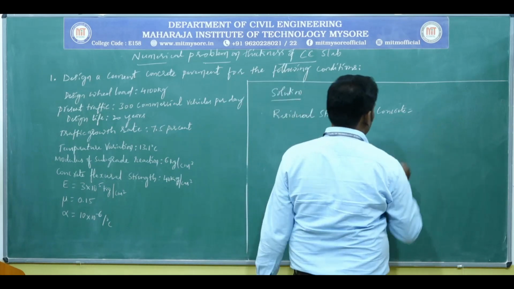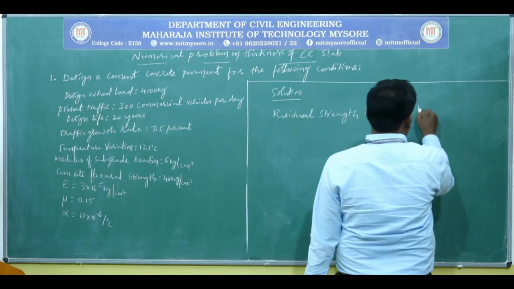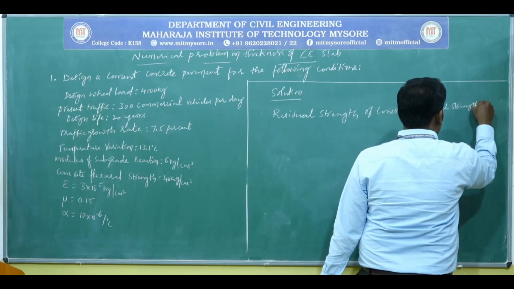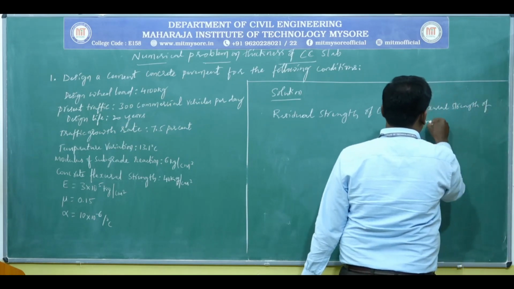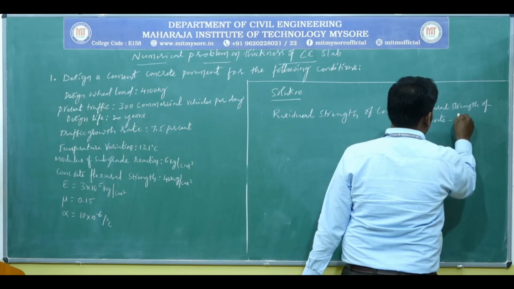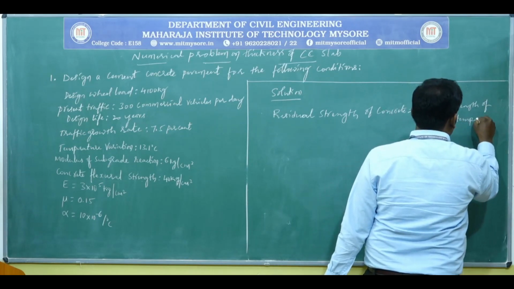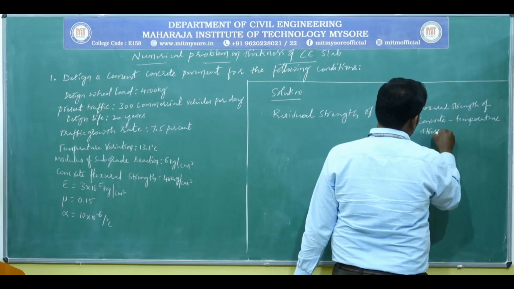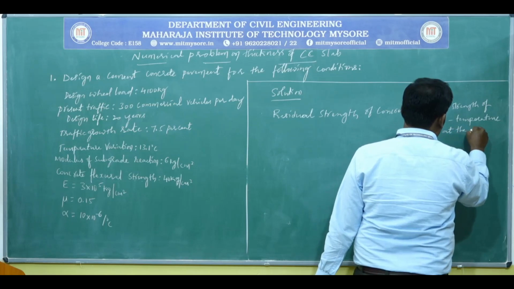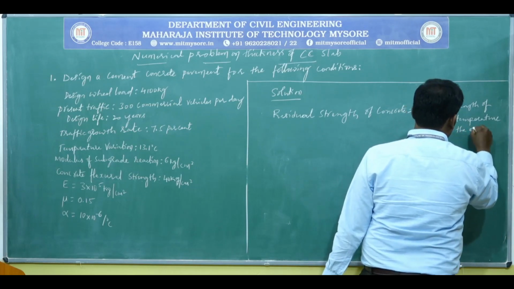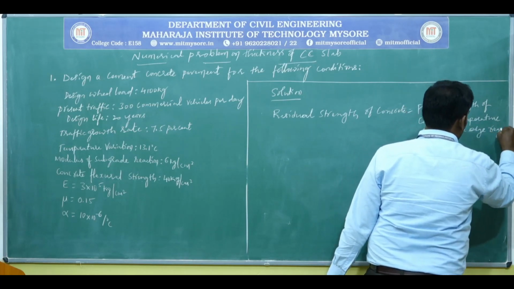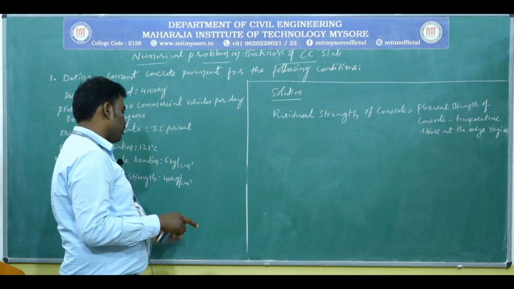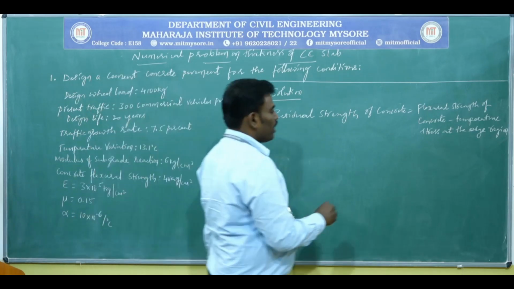Residual strength of concrete is equal to flexural strength of concrete minus temperature stress at the edge region. The flexural strength of concrete is given, that is 40 kg per centimeter square.